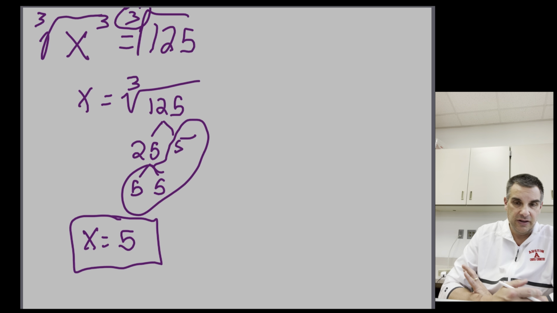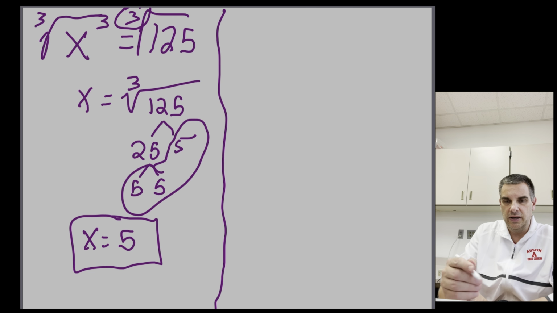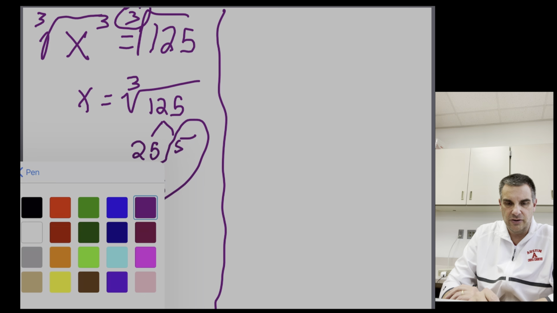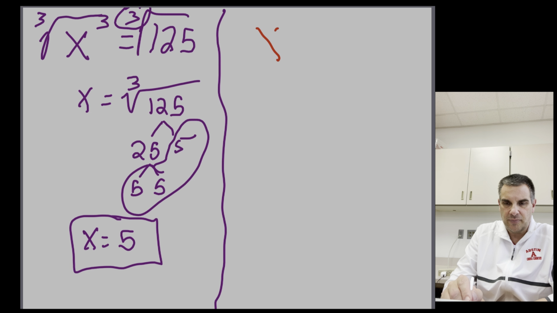Now there are a couple of things, terminology-wise, that we want to take care of. In general terms, I had x to the third equals 125, but let's say we've got x to the n is equal to c. So x to the nth power is equal to c.